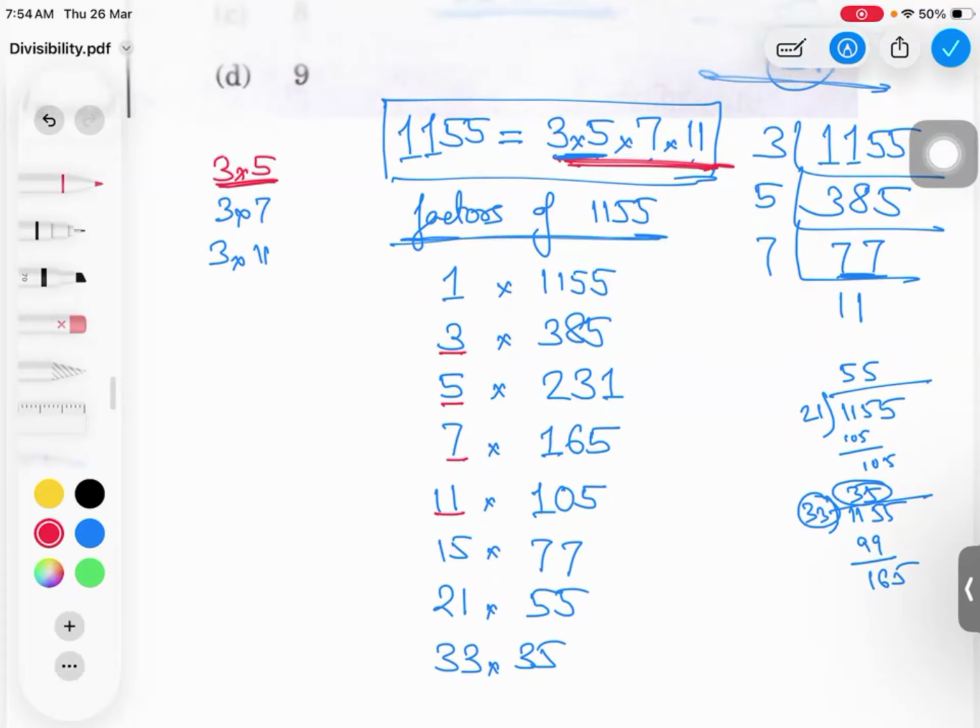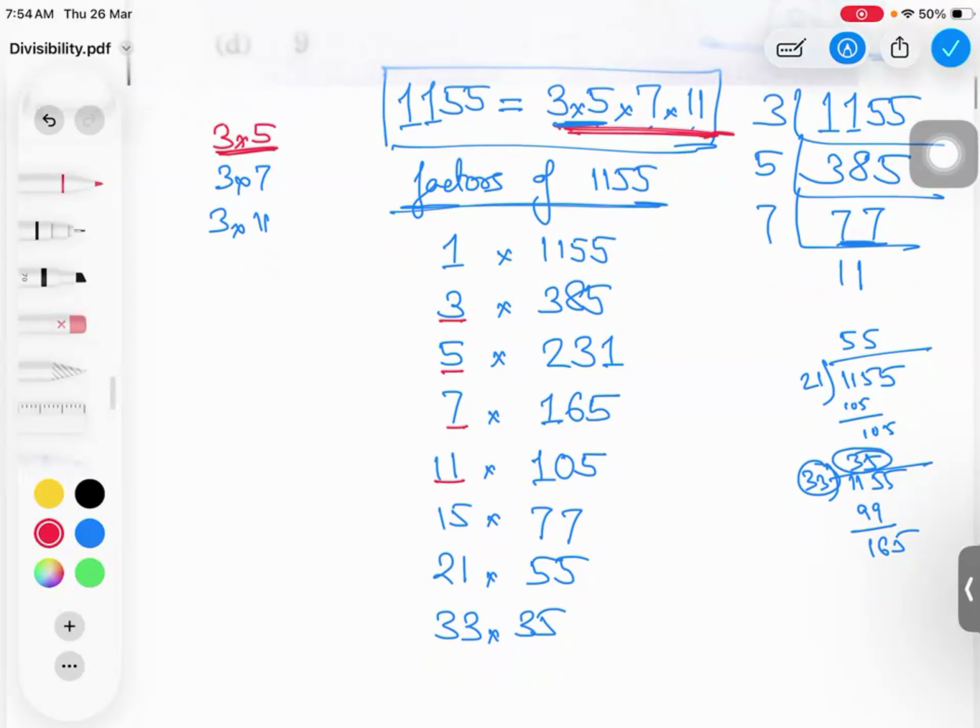All the factors that we got are coming from prime factors only. 15, what was 15? 3 times 5. 21, what was 21? 3 times 7. 33, what was it? 3 times 11. 35, can I not say 7 times 5? All are coming from prime factorization.